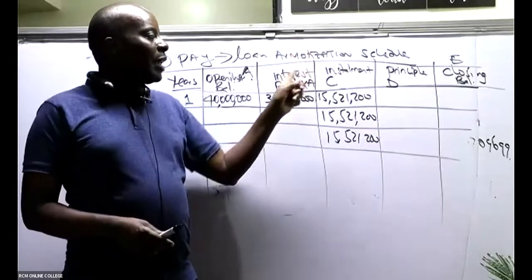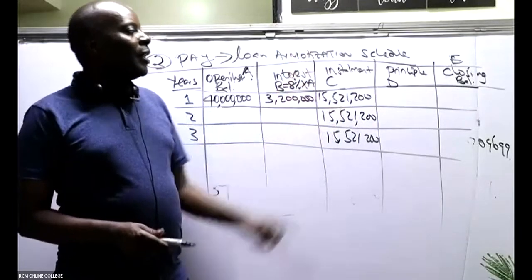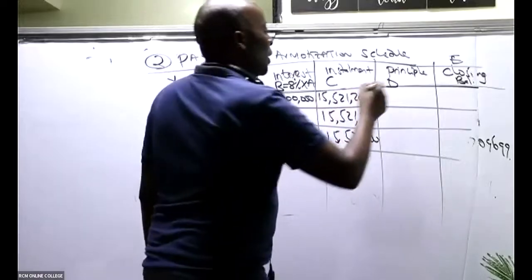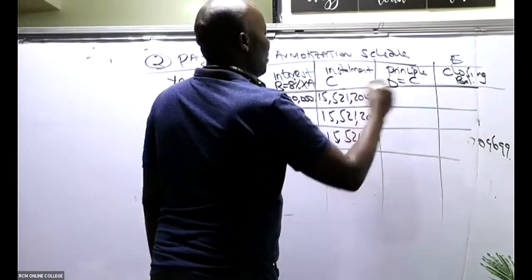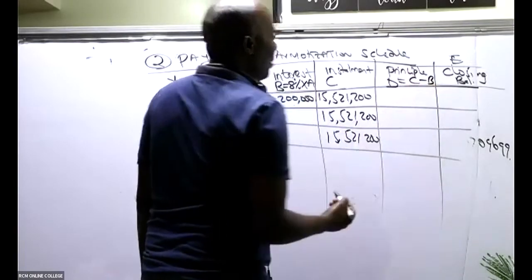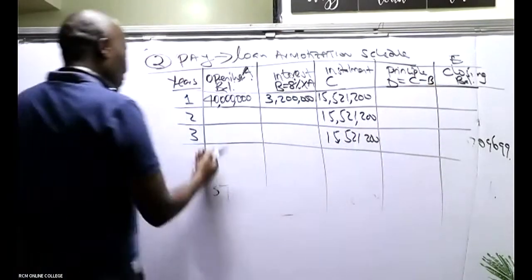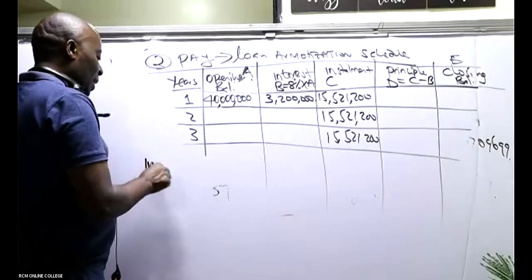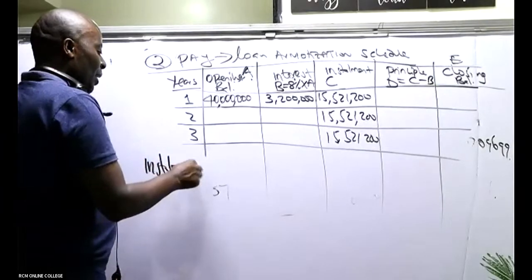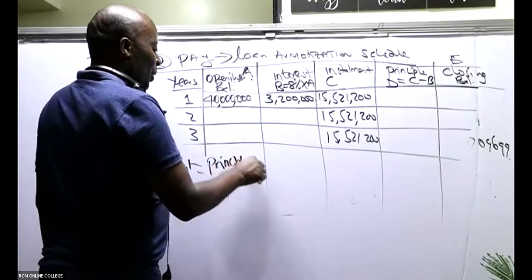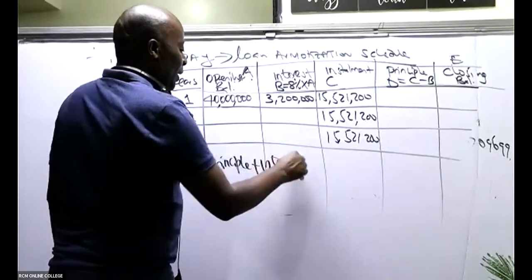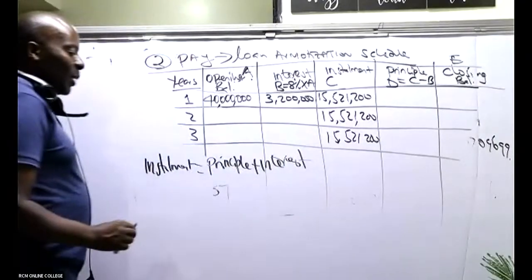Whenever we pay any installment, it will be equal to the principal plus the interest.